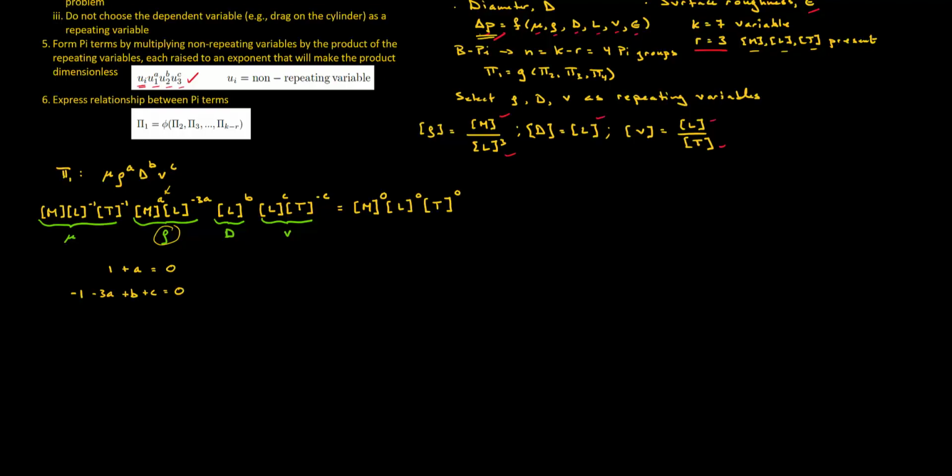And then finally we look at time. So we have -1 from the viscosity, and we have -c from the velocity, and this is equal to 0. So we solve this system of 3 equations and 3 unknowns. And what we will find is that a is equal to -1, b is equal to -1, and c is equal to -1.